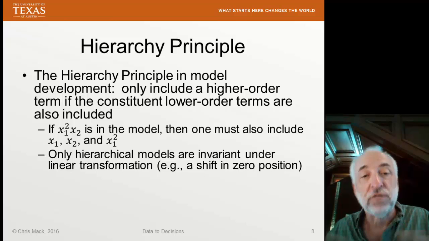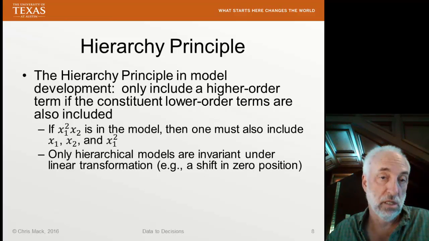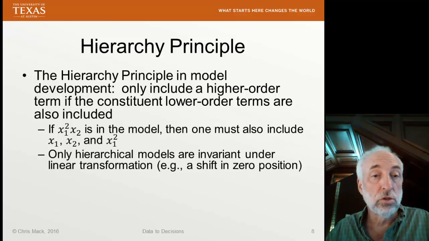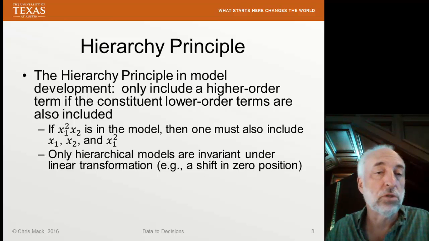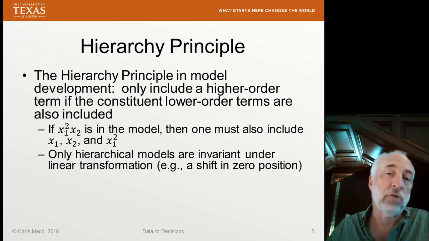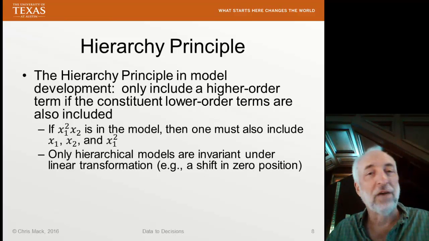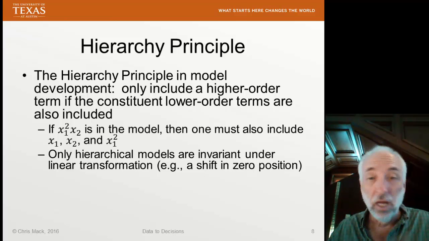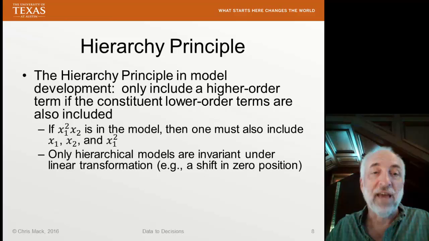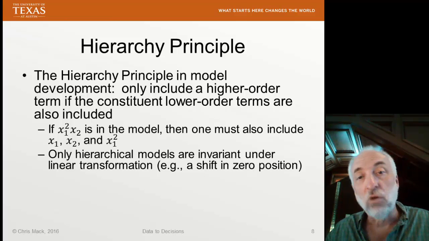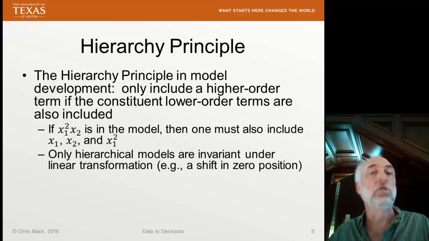If I were to shift where 0 is in my variable, do I get the same model other than changes in the specific values of the coefficients? If I were to change the units of temperature from degrees centigrade to degrees Fahrenheit, for example, you would think that I get just a change in the values of the coefficients because of the new units.